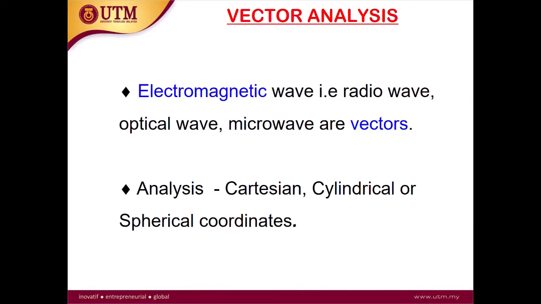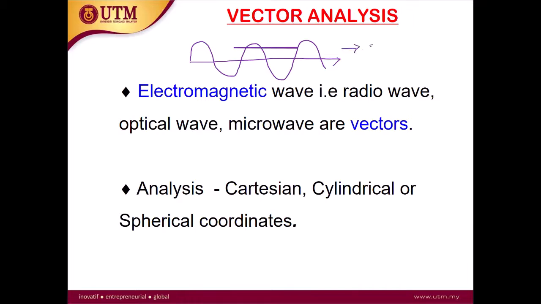Electromagnetic waves, for example, radio wave, optical wave, and microwave, are vector units. Do you know what an electromagnetic wave is? You will learn about electromagnetic waves in chapter 11. Basically, the electromagnetic wave consists of the electrical field, let's say in the form of a sinusoidal wave propagating towards the z-axis.